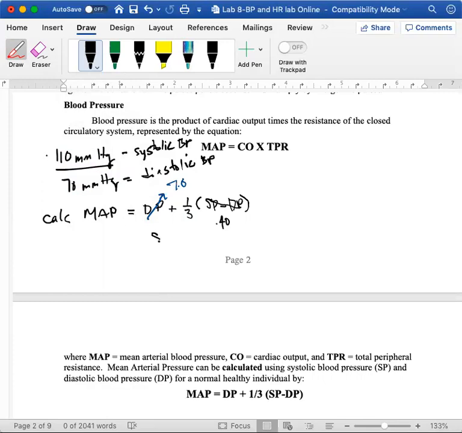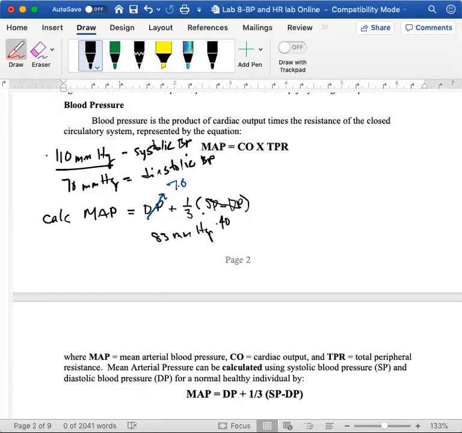MAP is in millimeters of mercury, right? A normal MAP range is around 80 to 100, 110. Why is this important?